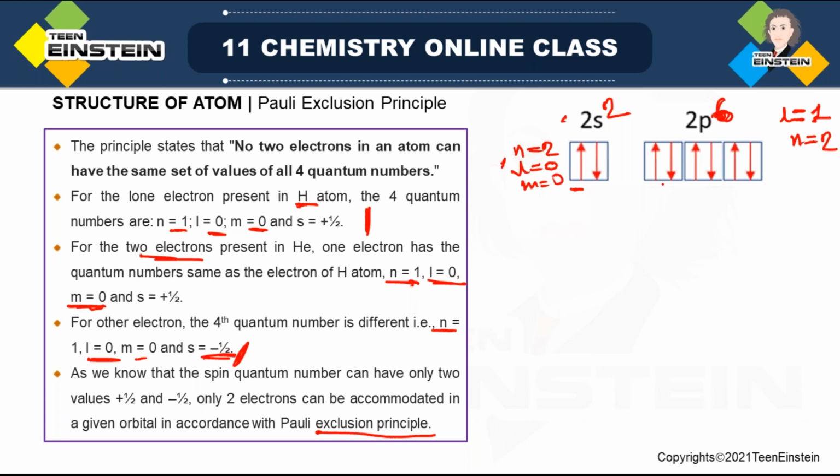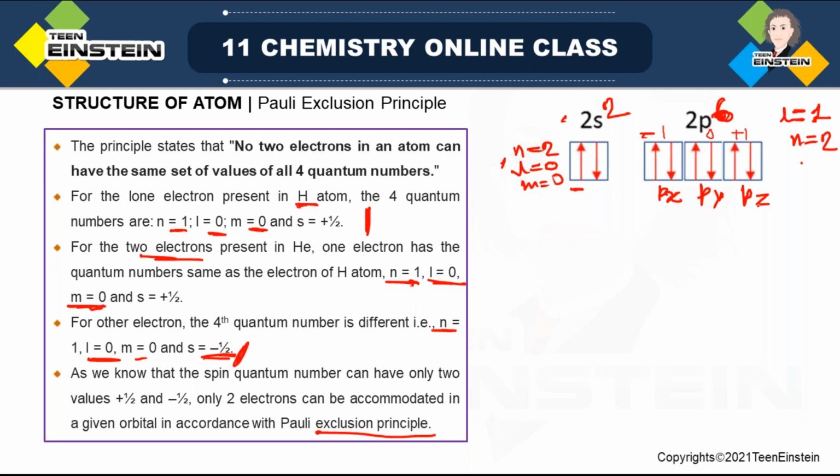But for all these 6 electrons, the m value has total 3 possibilities: minus 1, 0, and plus 1. These 3 are basically 2px, py, pz. Though it is not necessary that minus 1 will always be px, there is no such correlation. I'm just arbitrarily writing it.